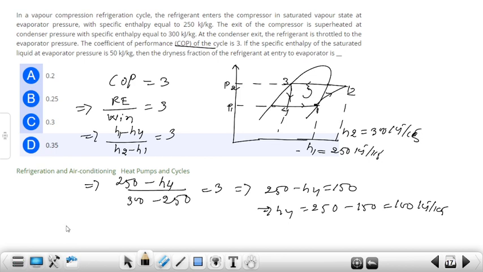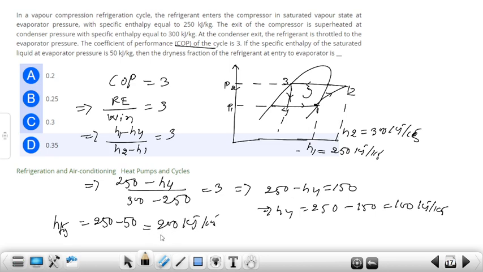So we have to find HFG, which is equal to 250 minus 50, the enthalpy difference at the evaporator pressure, which is equal to 200 kilojoule per kg.